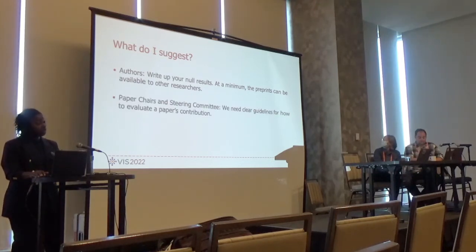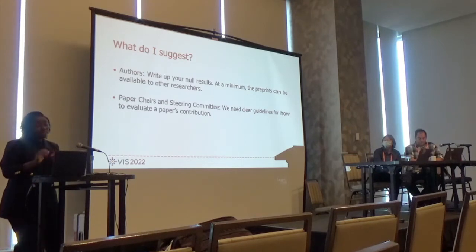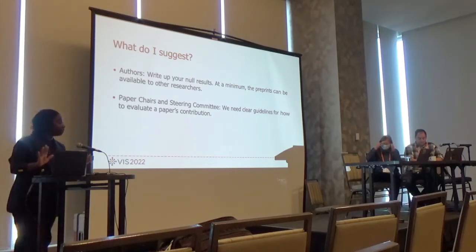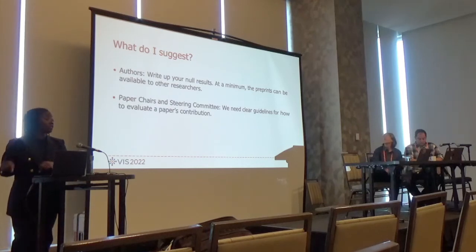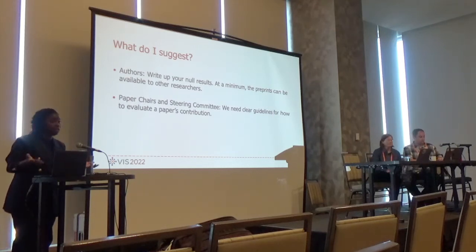Paper chairs and steering committees, at least from my N of one situation, I feel like this was partially based on the fact that the primary reviewer wasn't a good fit for this paper. The primary reviewer wasn't an expert in this area, so they couldn't really evaluate the contribution.